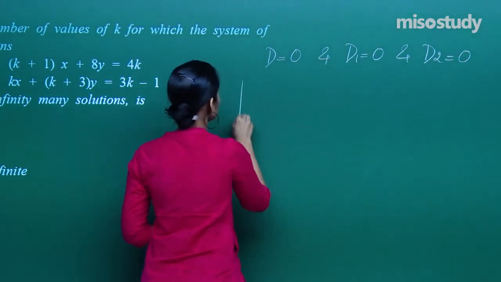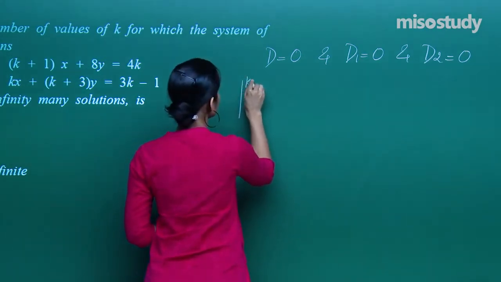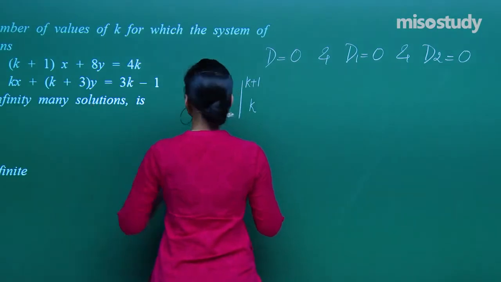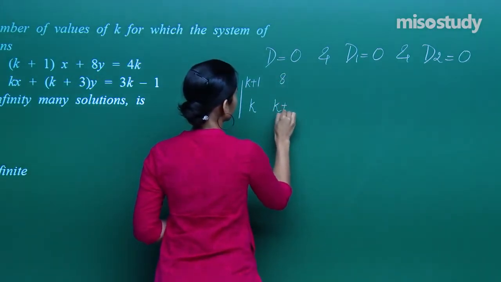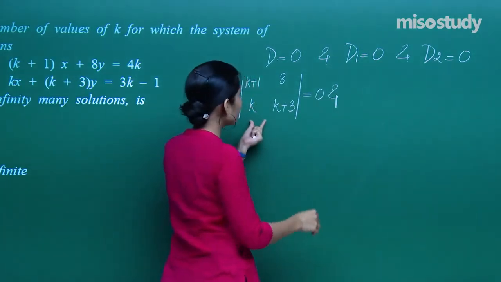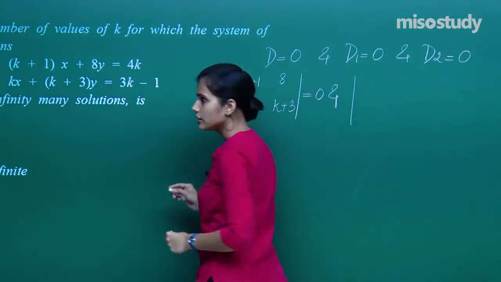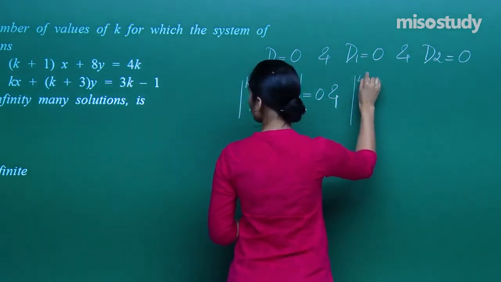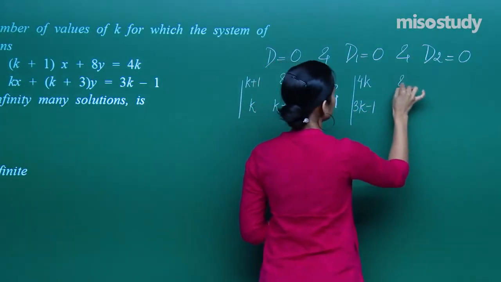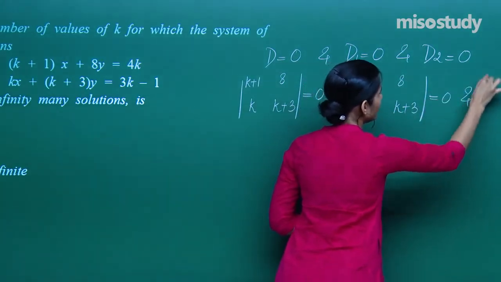What is D? The determinant of the coefficient matrix, which is k plus 1, k, 8 and k plus 3. This determinant is 0. When you replace the first column by this column vector, 4k, 3k minus 1, and keep the next column the same, 8, k plus 3, this is D1 and it is 0.